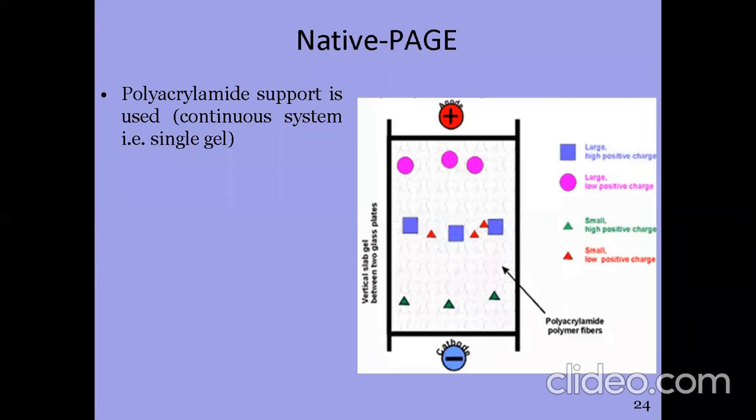And here these small, highly positively charged ones will be closer to the cathode, and being small they will move even faster. And these red ones are small, low positive charge, so the positive charge is less and they are small too, so they will be here in the intermediate. Now look here, they are positively charged, but they have also separated on the basis of size, meaning they are smaller in size, so they move faster, but they are large.